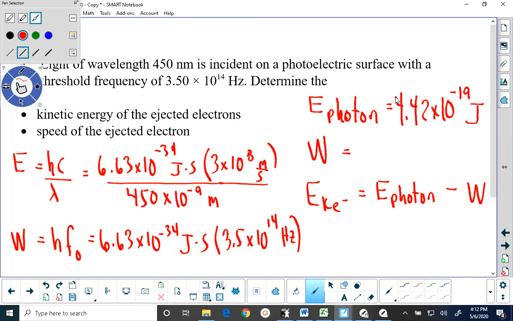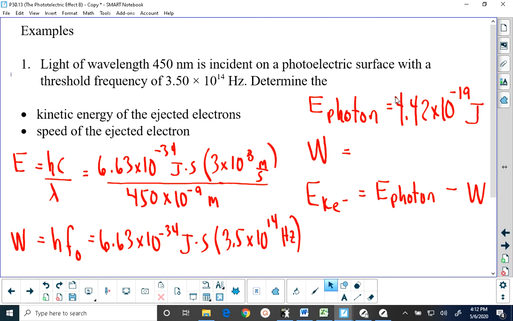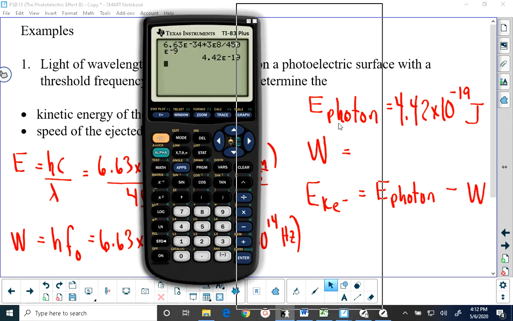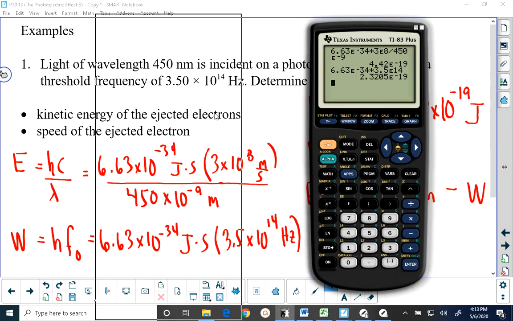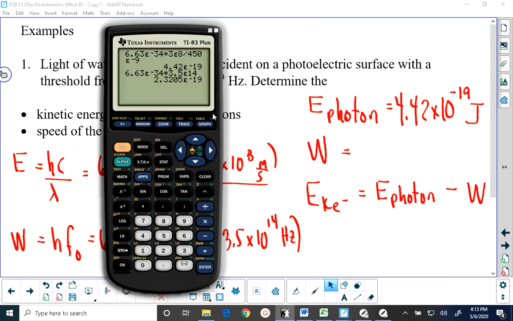And now I can go ahead and calculate the work function, which is Planck's constant, 6.63 multiplied by 10 to the negative 34, times the threshold frequency of 3.5 multiplied by 10 to the 14. And this gives me 2.32 multiplied by 10 to the negative 19 joules.